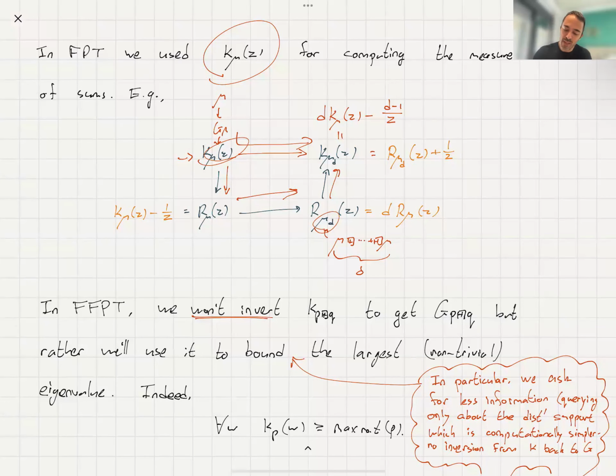And from here, we usually went back to the G transform of mu d, and then used the Stieltjes inversion formula to get the entire measure, all the information. In finite free probability theory, we are not going to do that. I mean, we are going to do the initial stuff. For mu, we are going to compute the Cauchy transform and the K transform. That's difficult, that's inversion.